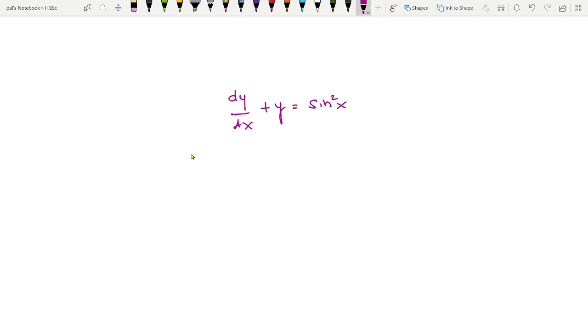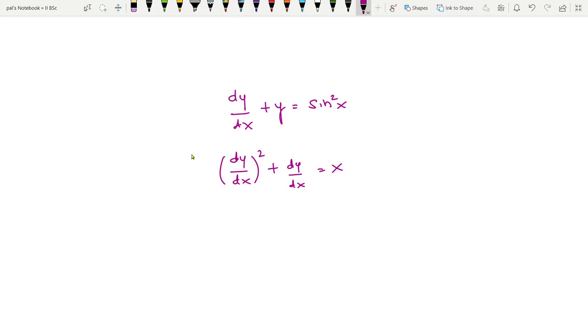Yes, of course, it is a differential equation. And you take one more differential equation: dy by dx whole square plus dy by dx is equal to x. What is the difference between these two differential equations?